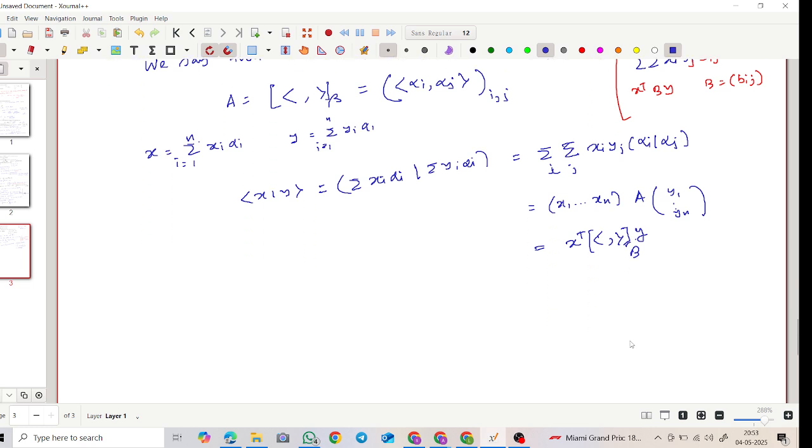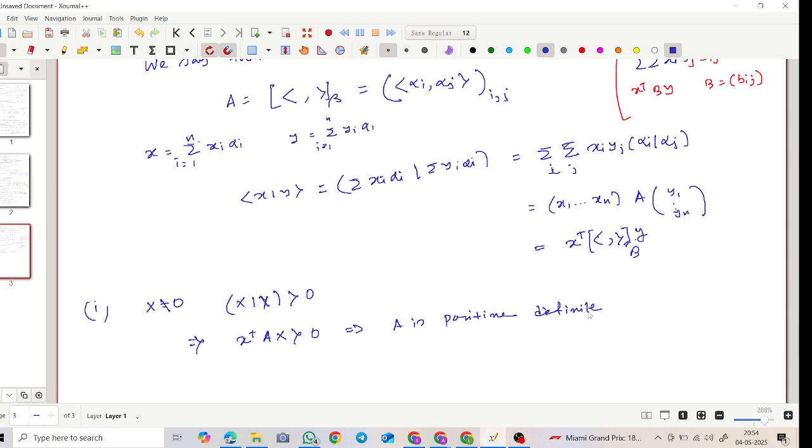So clearly this inner product matrix will have certain properties. One, if x is non-zero, then x inner product x is strictly greater than 0, which implies, putting y equals to x here, x transpose Ax is always greater than 0, which means A is positive definite.